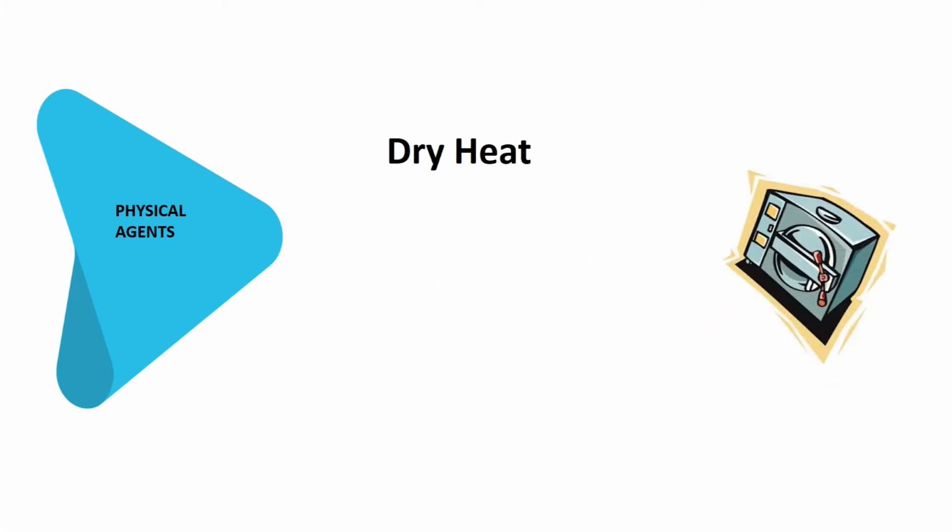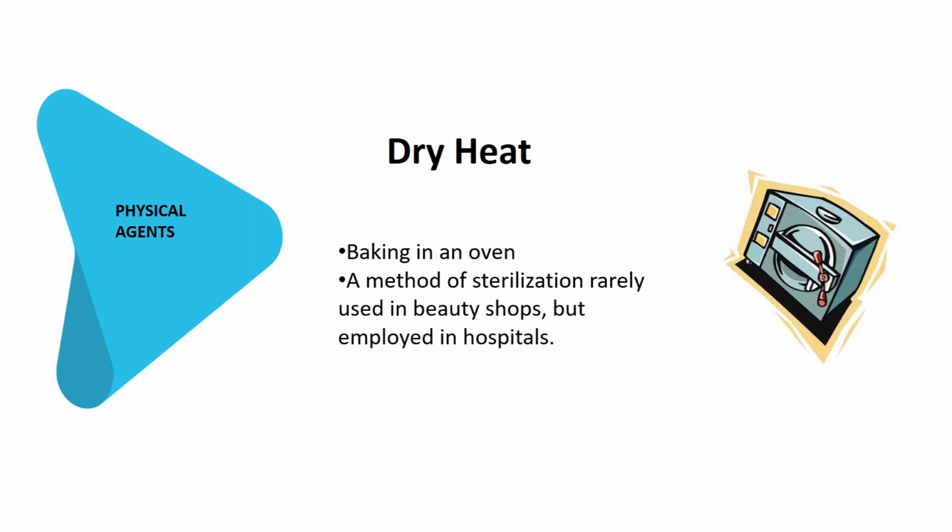The second physical agent is dry heat, which is baking in an oven, a method of sterilization rarely used in beauty shops but employed in hospitals. So dry heat is a physical agent which you will be able to find majorly in the hospitals, rather than the beauty salons.